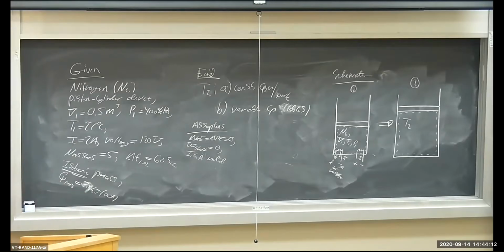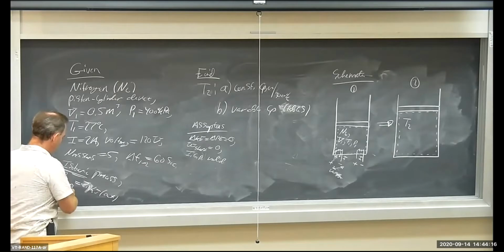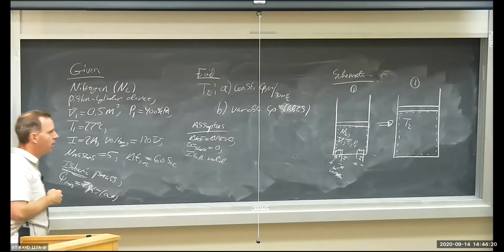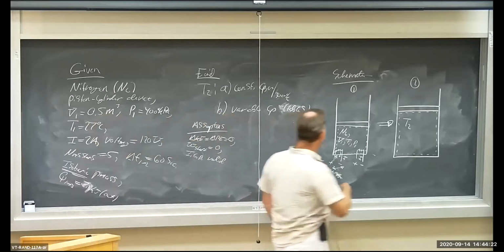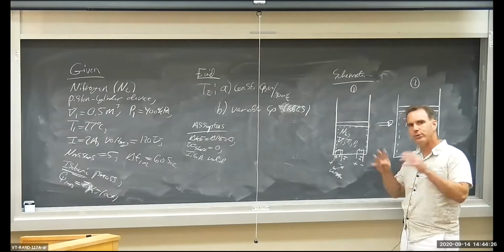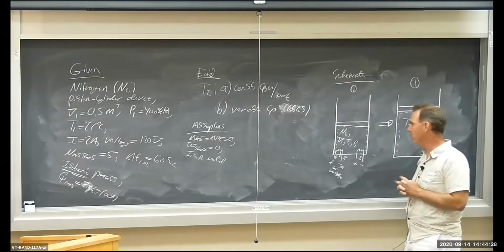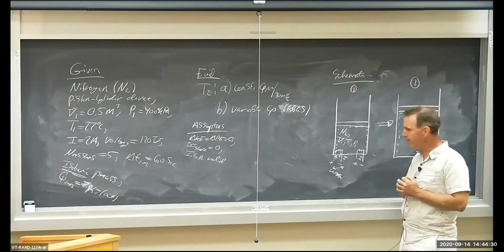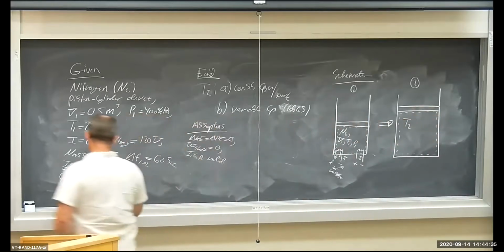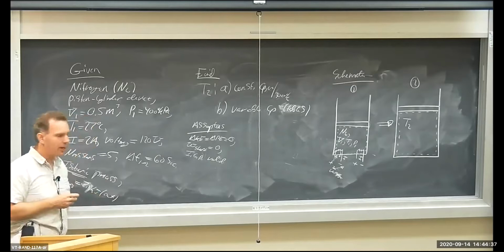Now, during this heating process with the electric wires, 2.8 kilojoules of heat is lost from the gas. So the gas is getting hot, and as a result, it's radiating heat off from the gas, okay? And we lose 2.8 kilojoules out of the system.